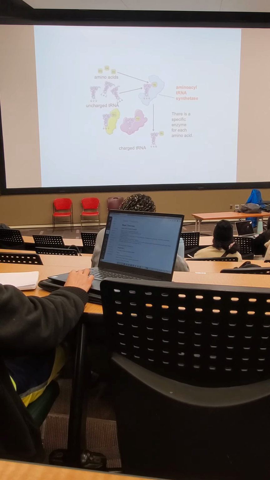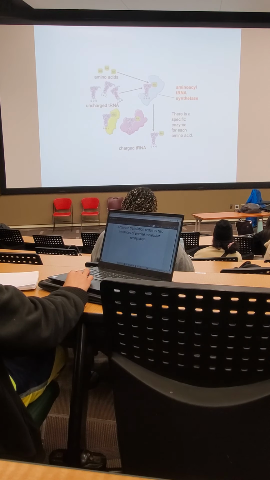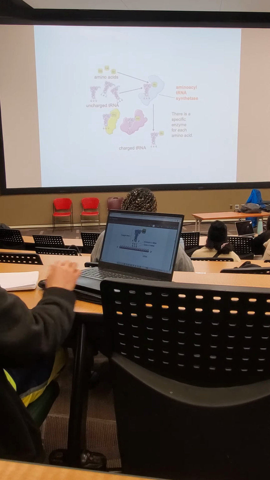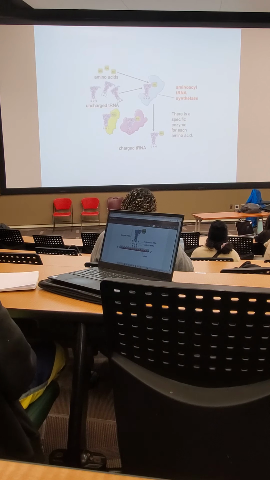So what this is showing is the little green squares are individual amino acids. The tRNAs are the little loops I've shown you before, all with their anticodons. And then there's a physical protein, this aminoacyl tRNA synthetase, that has binding sites, and it's catalyzing the reaction. So once they're together, it's now a charged tRNA.